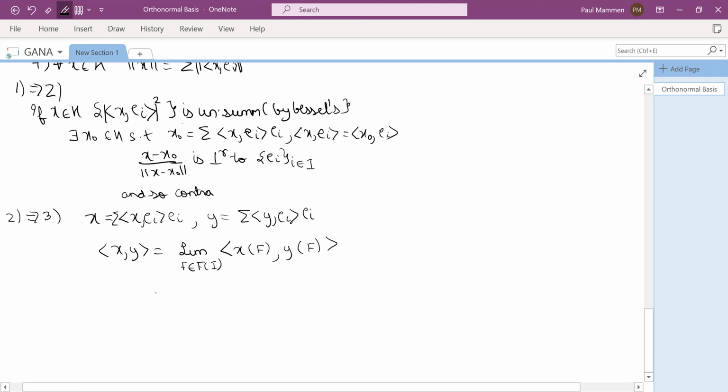But note that this limit is just going to be the inner product.